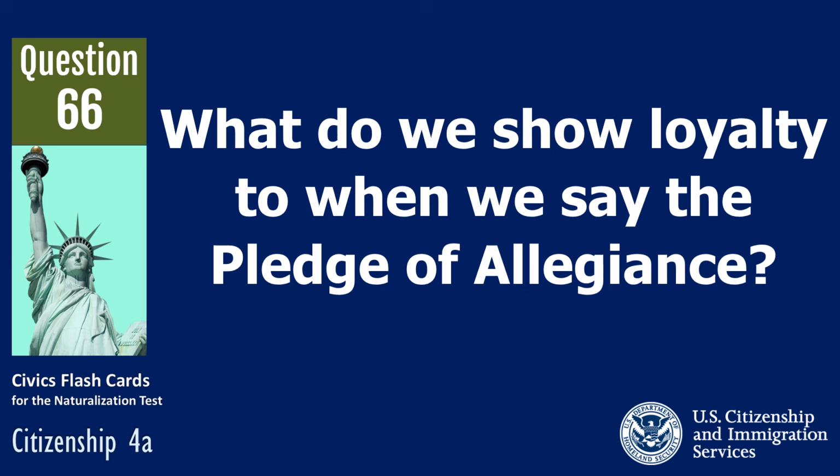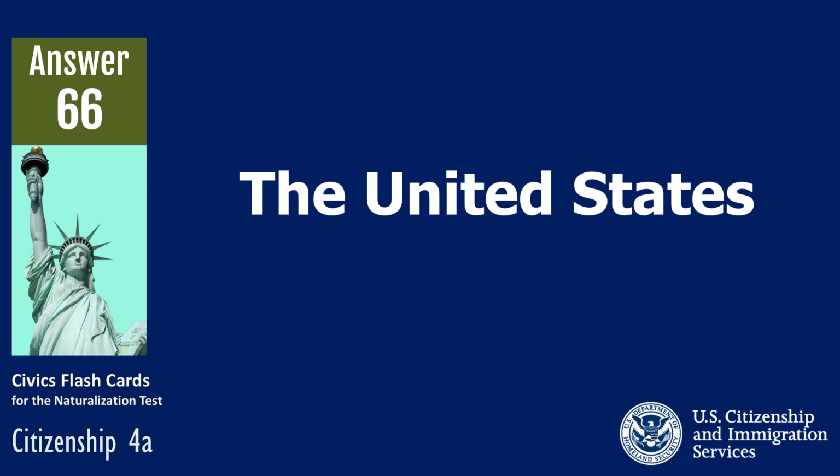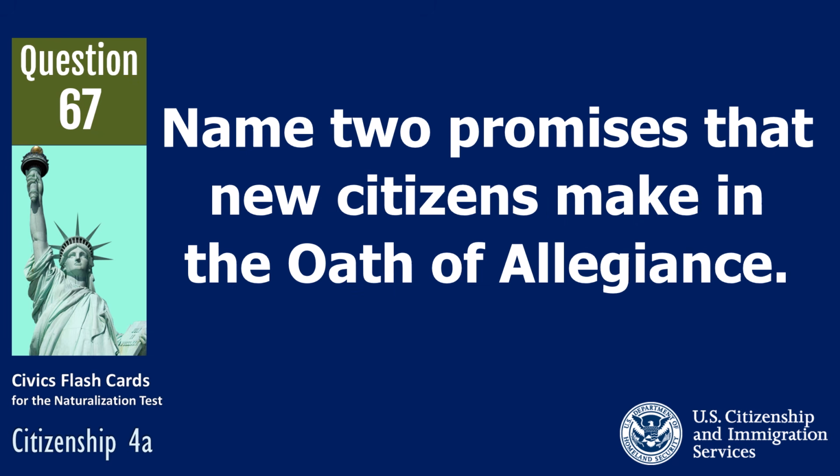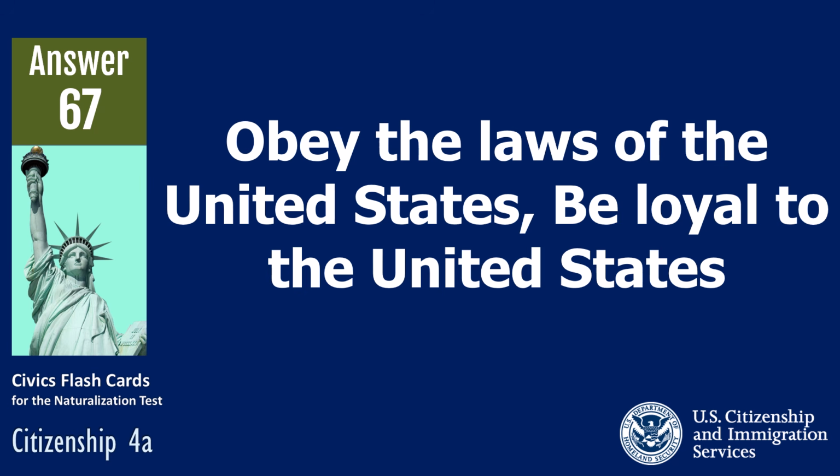What do we show loyalty to when we say the Pledge of Allegiance? The United States. Name 2 promises that new citizens make in the Oath of Allegiance. Obey the laws of the United States. Be loyal to the United States.